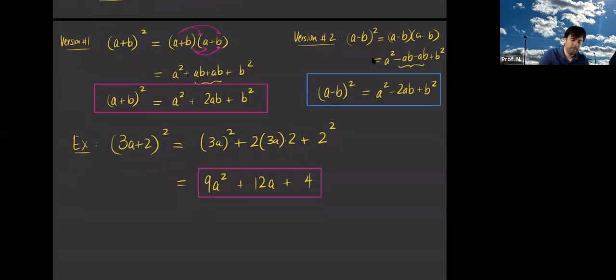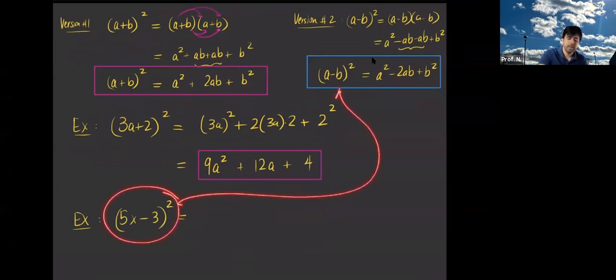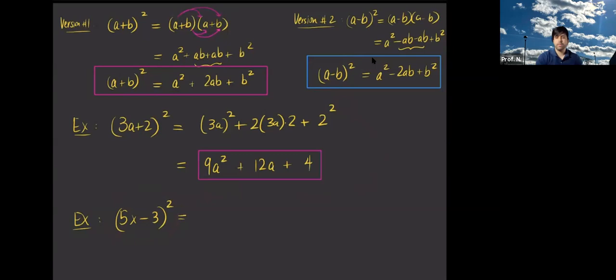So as an example, what if I get 5x minus 3 parentheses squared? Do you see now what I'm going to look at? This guy here looks like this thing here. I already know what this is going to be. It's going to be this. So just put it in that form now. I'm going to have something, square it.